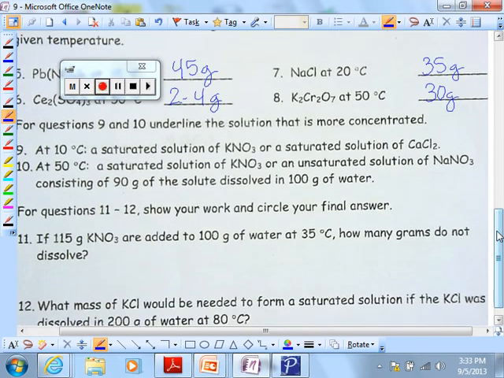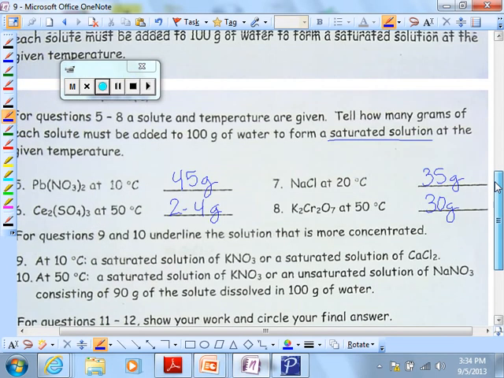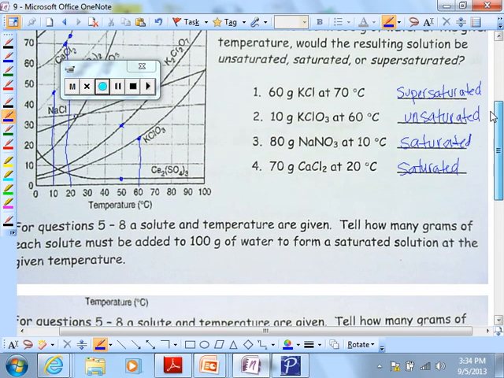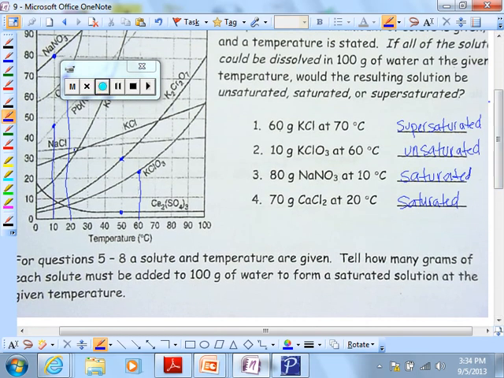All right, 9 and 10, underline the solution that's more concentrated. Now, more concentrated just means that it has a greater amount of solute. So a saturated solution of potassium nitrate or a saturated solution of calcium chloride, both at the same temperature, at 10 degrees Celsius. So potassium nitrate at 10 degrees Celsius, how much solute would it have in the water? This is the curve right here.